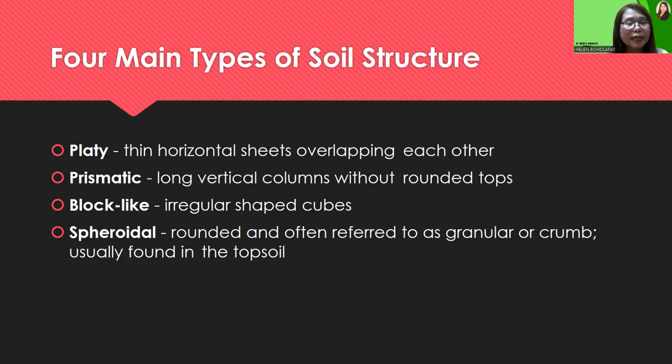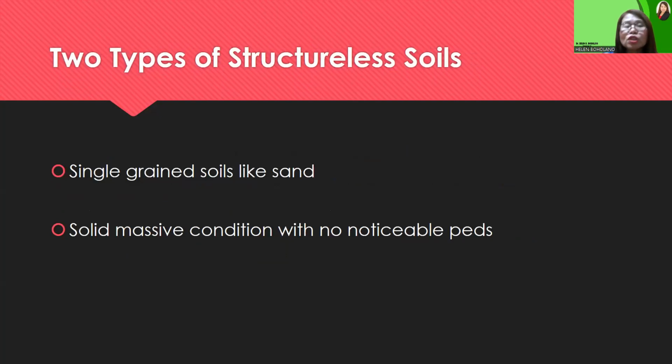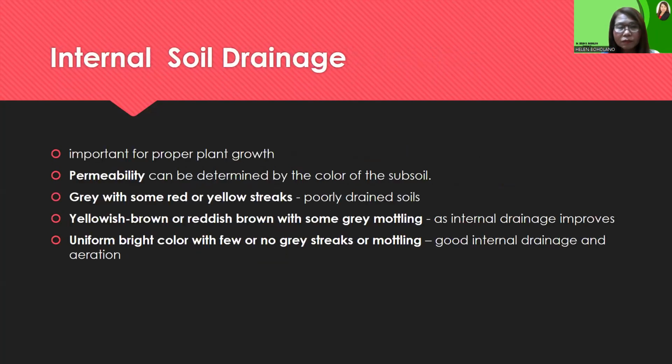Blocky is irregular shaped cubes. Spheroidal is rounded, often referred to as granular or crumb, usually found in the topsoil. There are also two types of structureless soils: single-grain soil like sand, and massive, a solid condition with no noticeable beds.